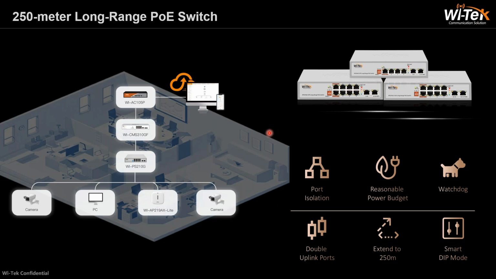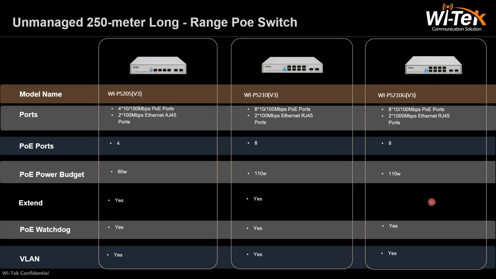Okay, and let's move to our 250 meters unmanaged PoE switch. Our unmanaged 250 meter PoE switch has dual uplink ports, and also has extended mode, smart DIP mode, and watchdog function. Okay, let us quickly review that. It also has the DIP switch function like the Cloud Easy Smart series introduced before.